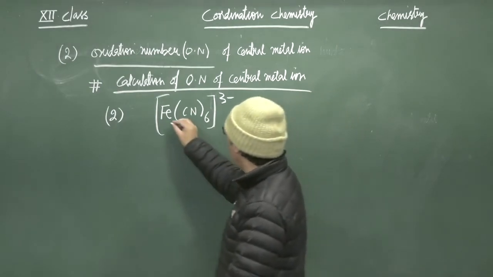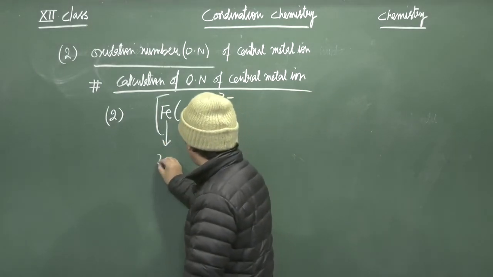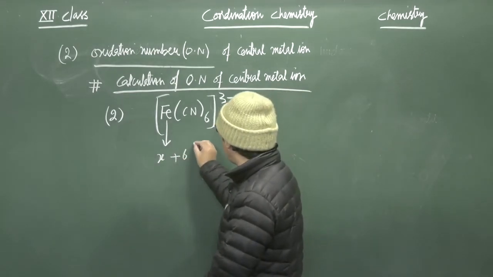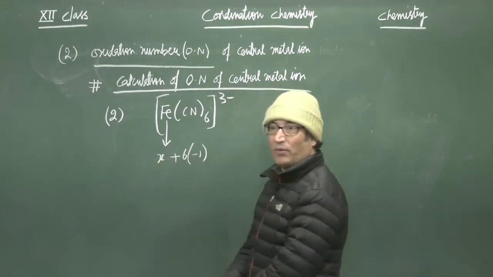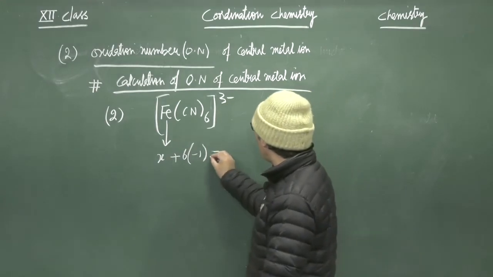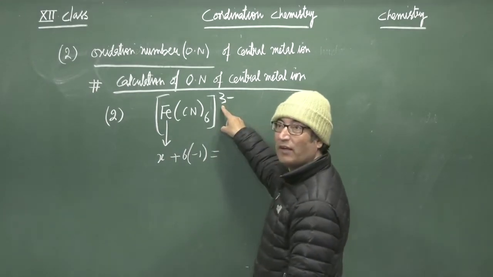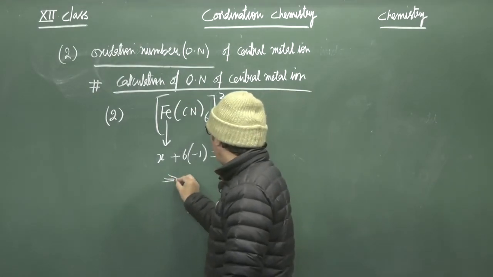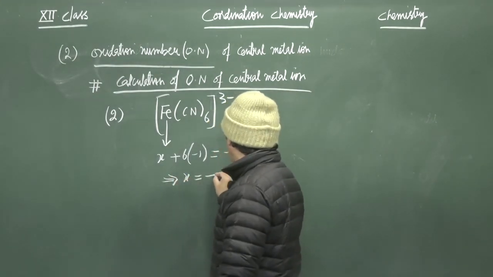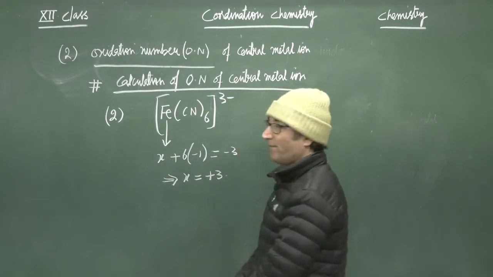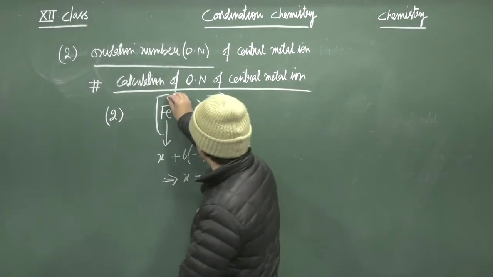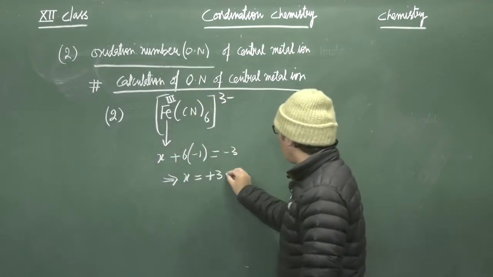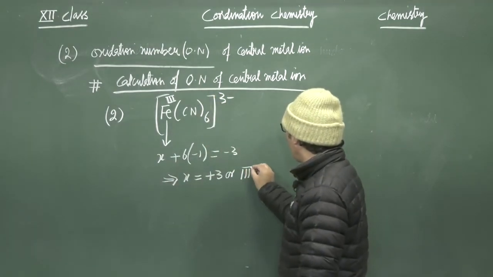So put the unknown oxidation number equal to X, then add up. Each cyanide has a charge of -1, you already know it. This sum will be equal to the charge on the coordination entity, which is -3, and calculating this, X will be equal to +3. That means this iron is in the +3 oxidation state, for which the Stock notation is III.